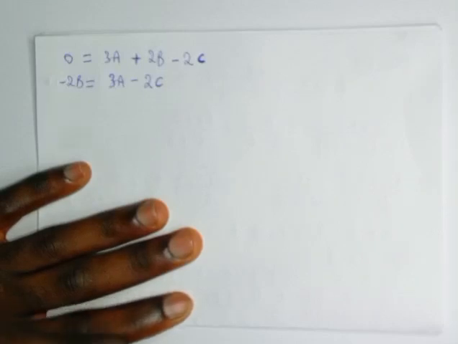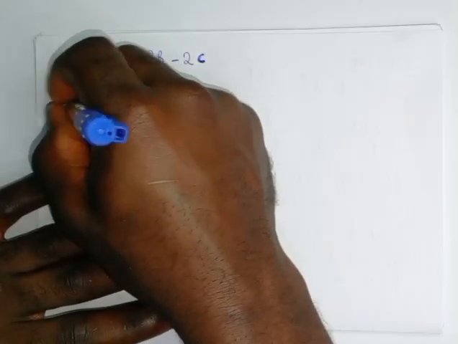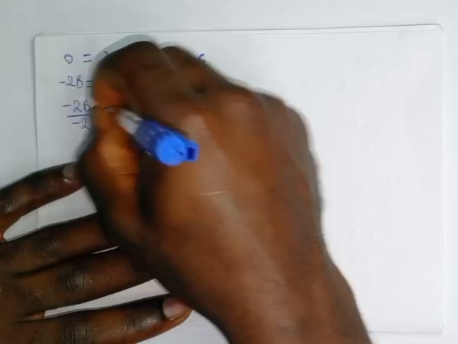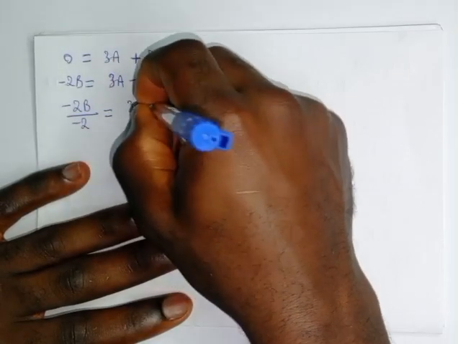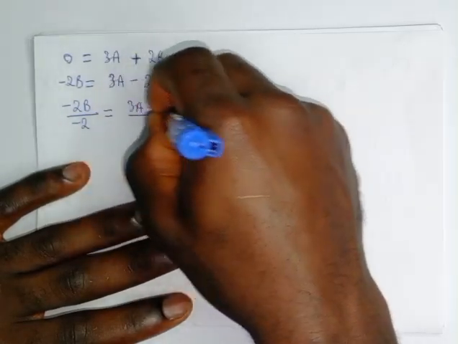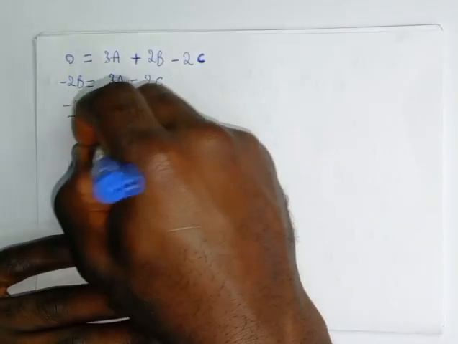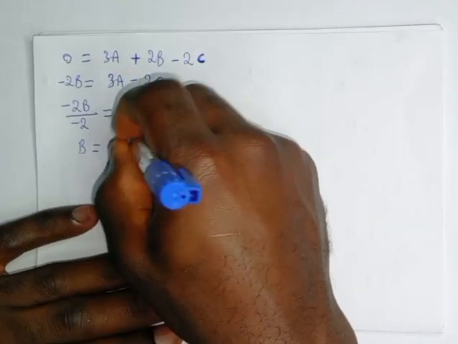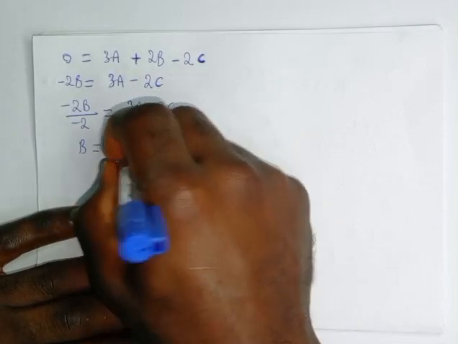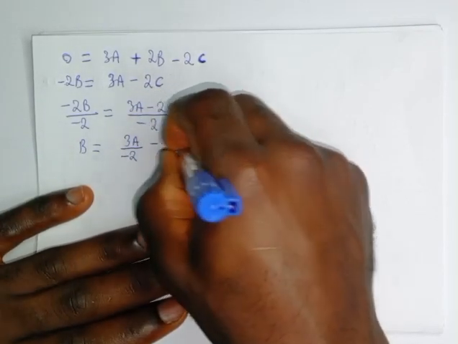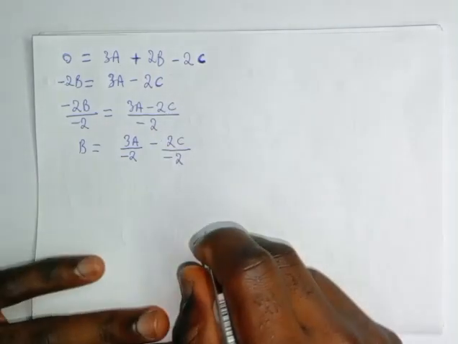Next step, for us to get b, we are going to divide both sides by negative 2. We divide the left by negative 2, we divide the right by negative 2. So this will give us b to be equal to 3a over negative 2, minus 2c over negative 2.